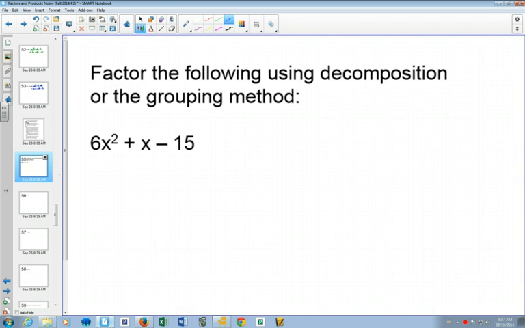But if you chose 3 and 2 first and it happened to be 6 and 1, you'd have to go through all the possibilities with 3 and 2 and find out none of them work. And then you'd have to switch over to 6 and 1 and go through all the possibilities of 6 and 1 and find out maybe there's the one that works. So it could take a long time if you guess wrong to begin with which one you're going to try.